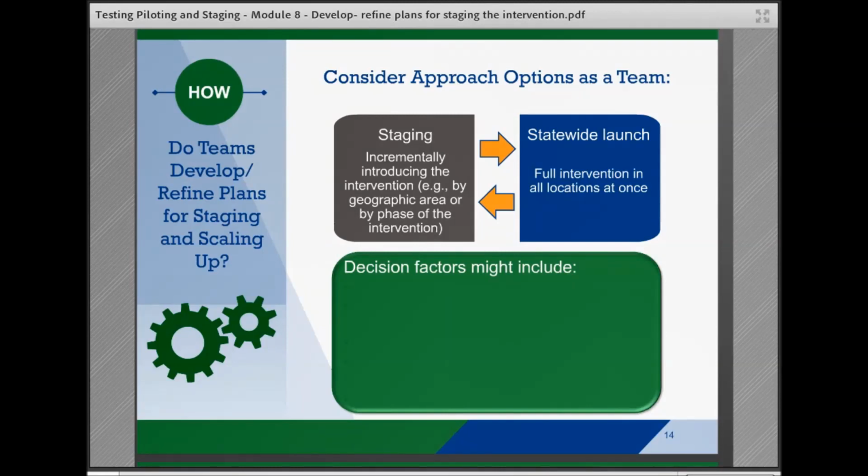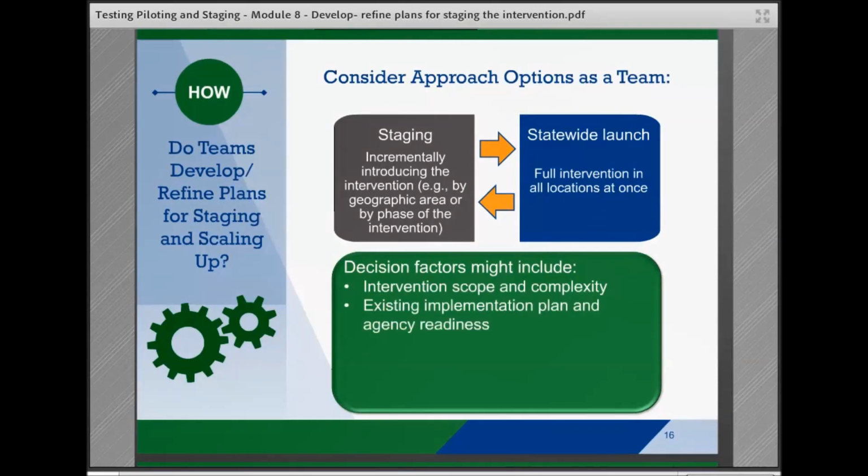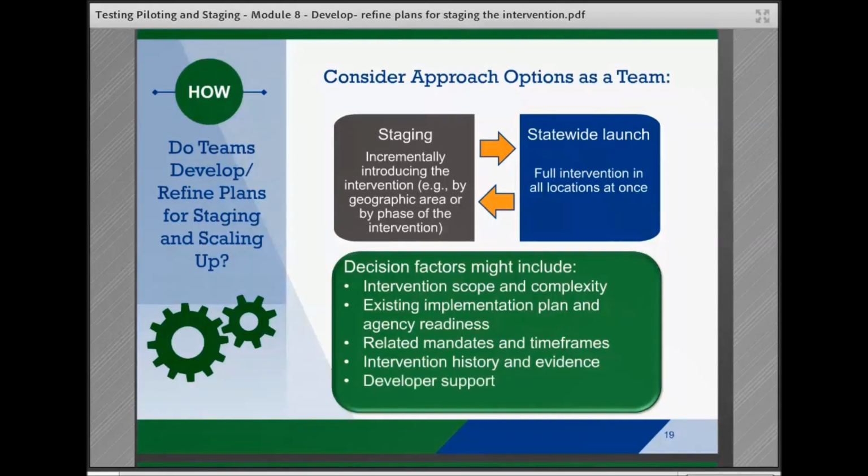Factors that the team may consider when they decide the appropriate path include the intervention scope and complexity, the team's existing implementation plan and information about agency readiness for the implementation effort, related mandates and timeframes, the intervention's implementation history and evidence base, the availability of developers to support implementation, and available capacity, including the workforce's ability to take on new practices and capacity to train additional sites using earlier sites.